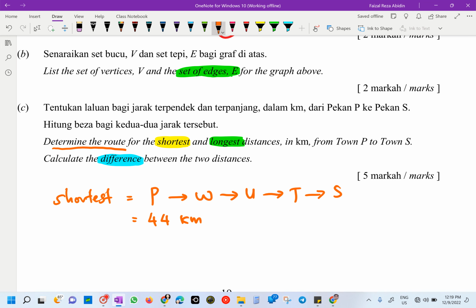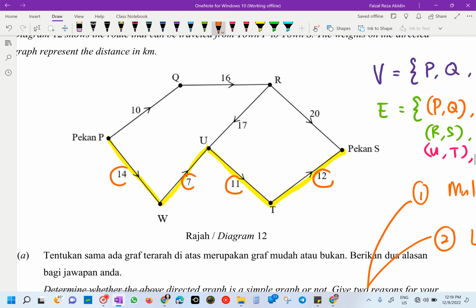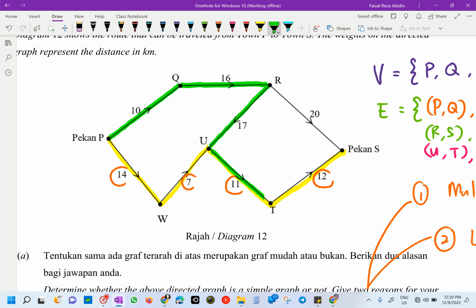The longest. If you look over here, the longest is going to start from P. So you are going to go P to Q, Q of course to R. Don't go R to S. You are going to go for U here, and then T and go for our S there.